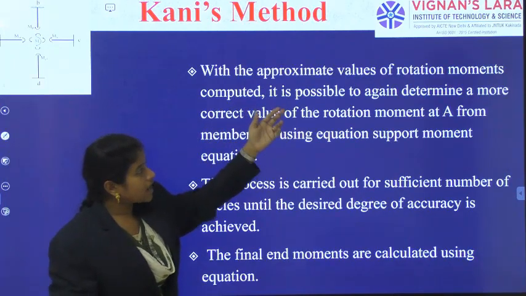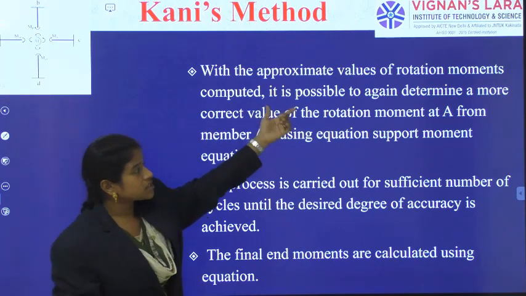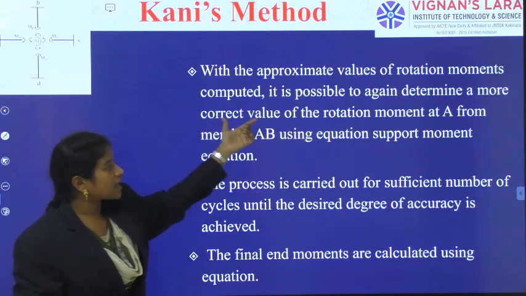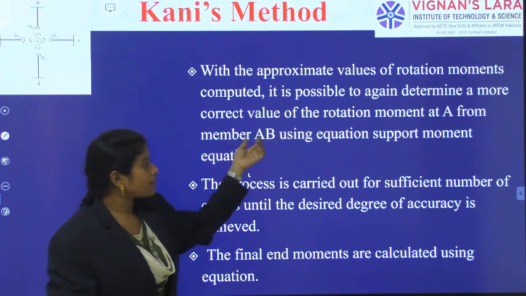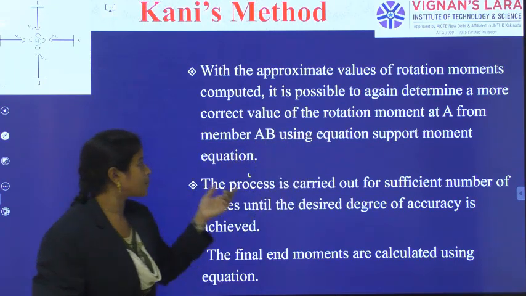With the approximate values of the rotation moments computed, it is possible again to determine a more accurate value of the rotation moment at A from the member AB using the support moment equation.